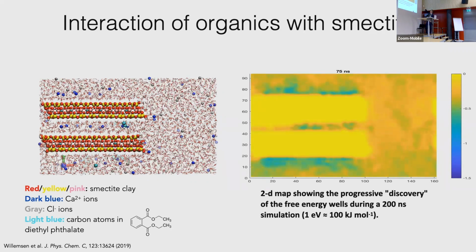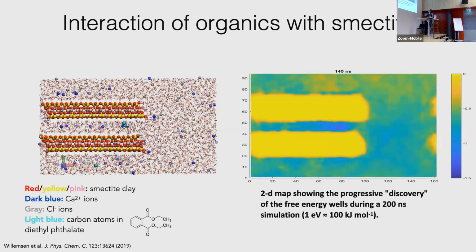The movie on the right is showing over 100 nanoseconds how the metadynamics script is progressively discovering the shape of the free energy landscape. In fact, what it's finding is progressively that there's a high free energy where the clay particles are, right? The molecules can't enter inside the mineral. And there's a free energy minimum near some of the surfaces, particularly near this lower surface. So after a long time, 200 nanoseconds, we find an entire 2D map of the free energy landscape that we can then use to calculate some partitioning coefficients.